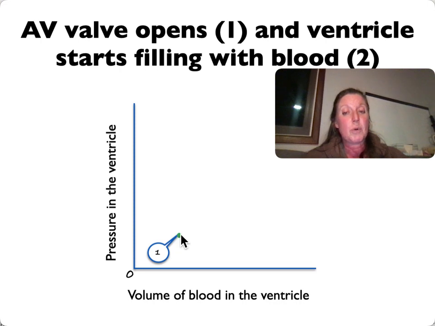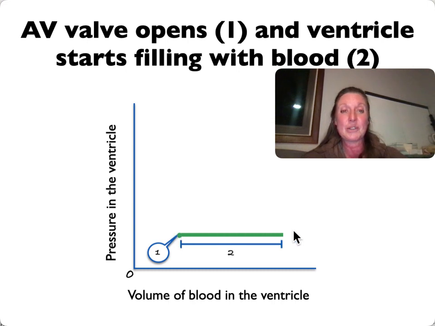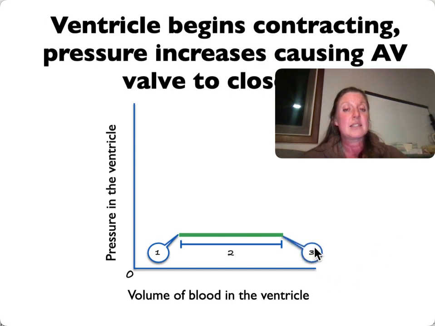At this first point, where the volume of blood in the ventricle is at its lowest and pressure is at its lowest, that means that the blood is flowing from the atrium to the ventricle. So we can see the volume of blood increasing. Now the ventricle is going to begin to contract, and when it does, it's going to cause the AV valve to close.